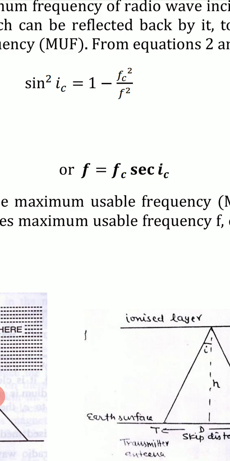FC is critical frequency. It is for normal incidence when I is 0. F is maximum usable frequency. It is for angle of incidence I which is not 0. And this is the relation between these two, F equal to FC sec IC, and this is known as secant law.